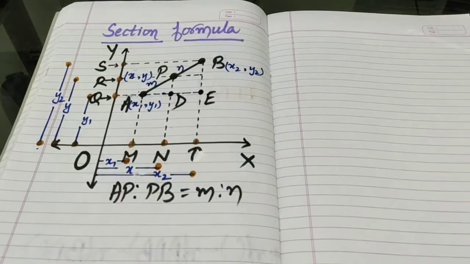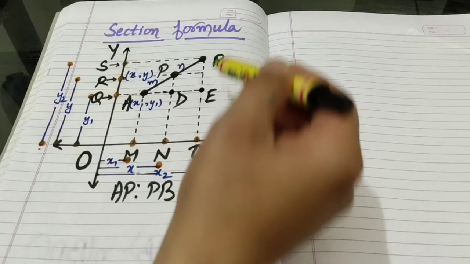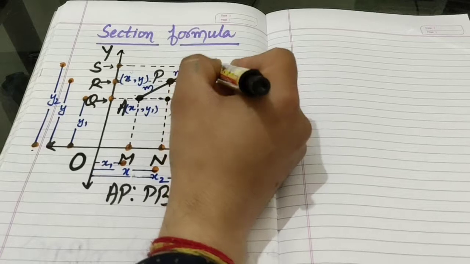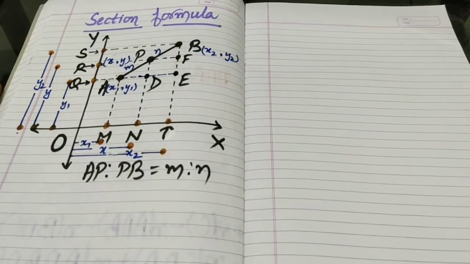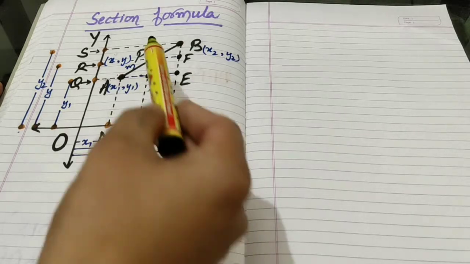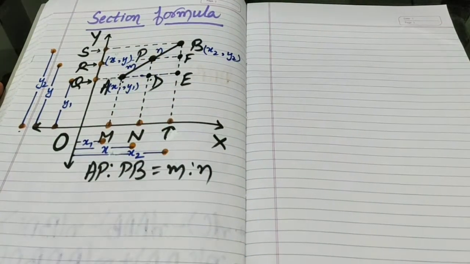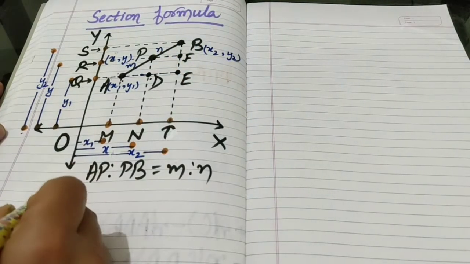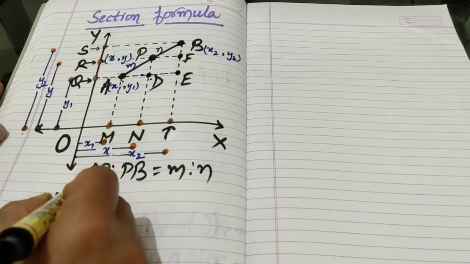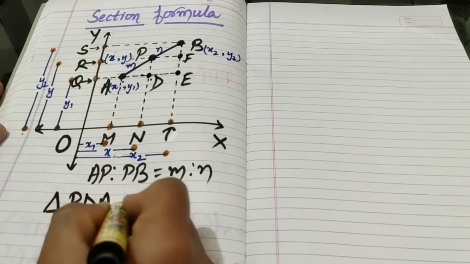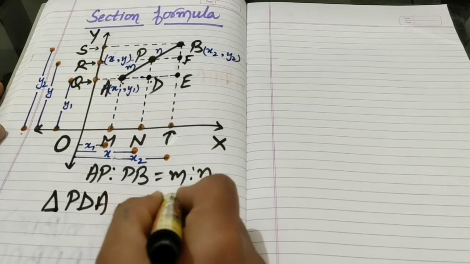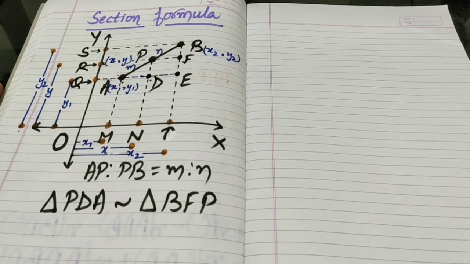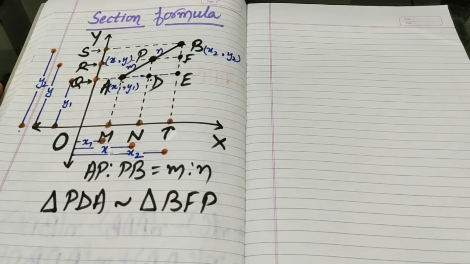In the same way, produce RP to intersect BT at point F. Now it is clear that triangle PDA is similar to triangle BFP. So that is why we write triangle PDA is similar to triangle BFP.